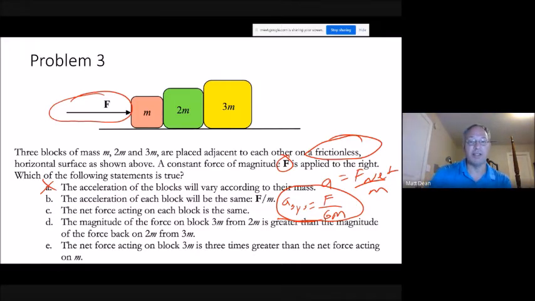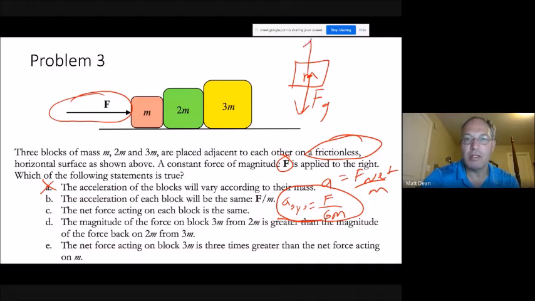That's what our acceleration actually is going to be. The net force acting on each block is the same. Well, that's not true either, because of the net force acting on, for example, box number M. Let's just draw a free body diagram for box M. So box M has a gravity force acting down. It has normal force acting up.